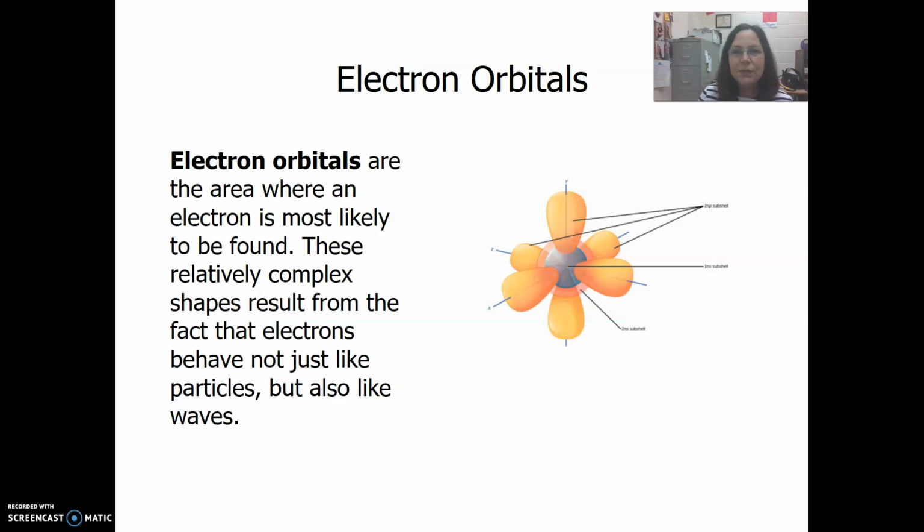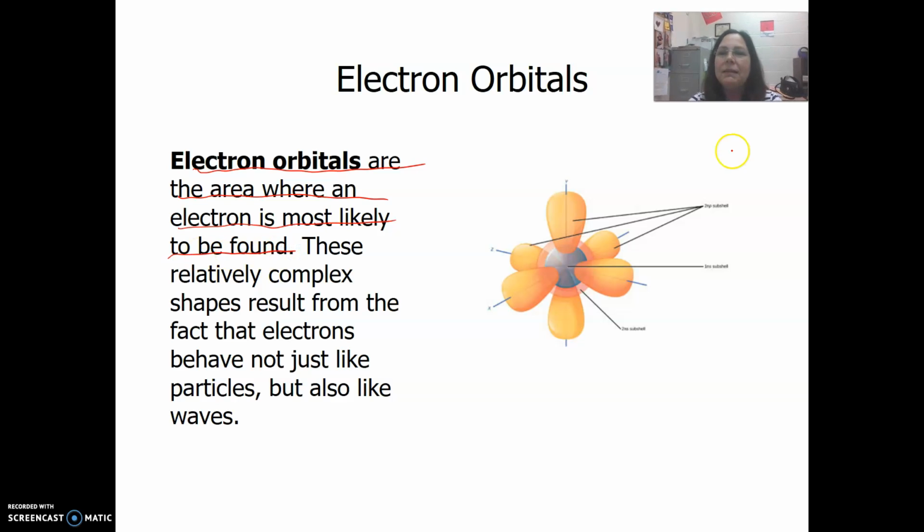So the energy levels are just areas that are close to the nucleus and then further and further away as you go higher up in energy levels. But within the energy levels, there are orbitals.